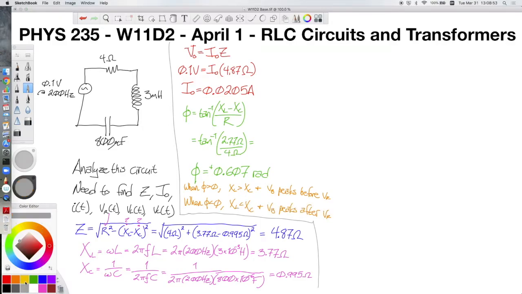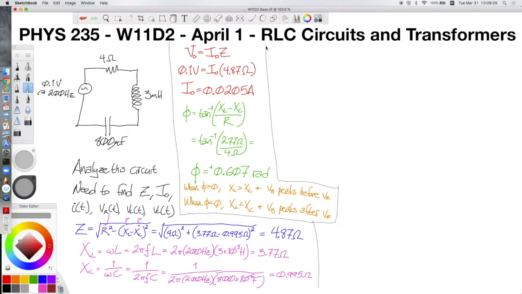So with our situation the way it is here, with a positive value for the phase, we know that our battery voltage will be peaking before our resistor voltage, which if you look back to that last phasor diagram we drew on the previous page, you can see that the V naught vector is placed counterclockwise from V_R, which as this whole assembly of vectors rotates at the rate omega, that means V naught is going to pass over the y-axis before V_R.